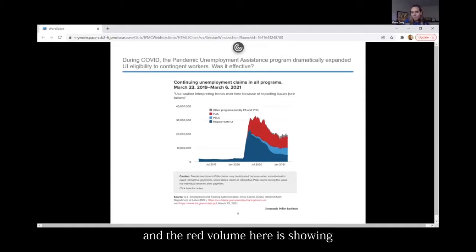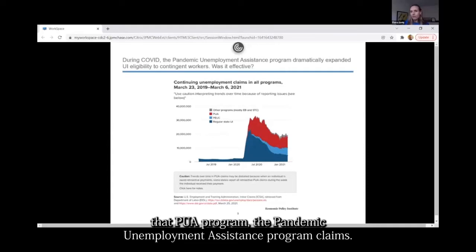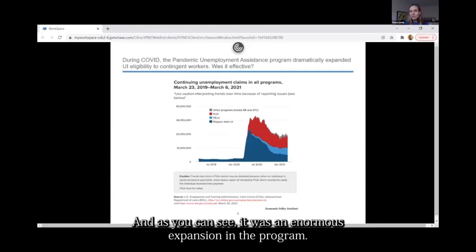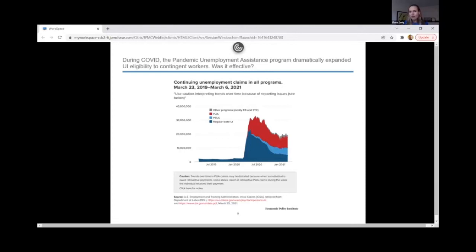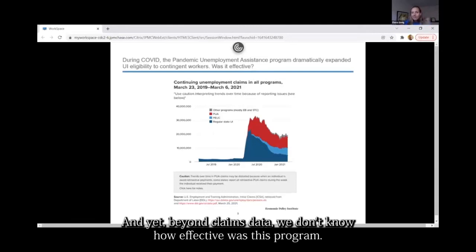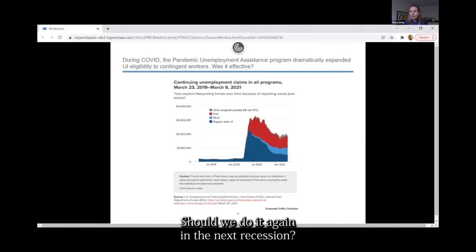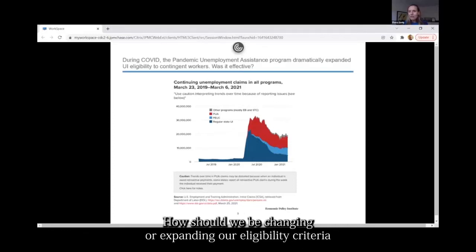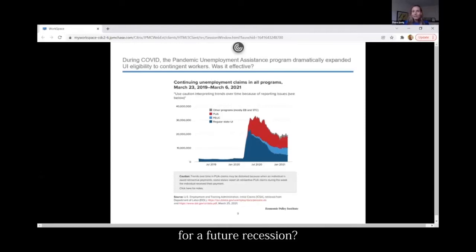And the red volume here is showing that PUA program, the Pandemic Unemployment Assistance Program claims. And as you can see, it was an enormous expansion in the program, right? Roughly 40% of claims were for these types of contingent workers. And yet, beyond claims data, we don't know how effective this program was. Should we do it again in the next recession? How should we be changing or expanding our eligibility criteria for a future recession?